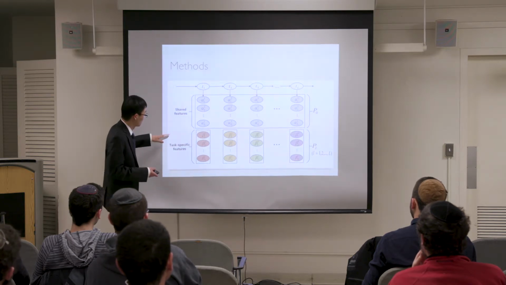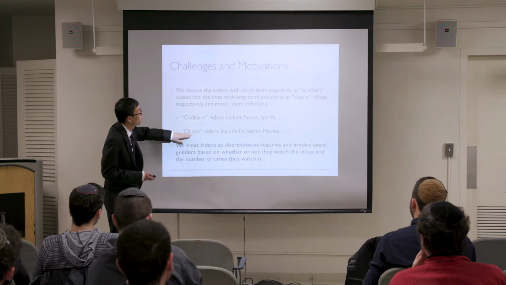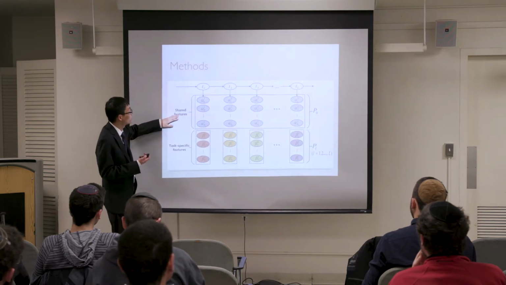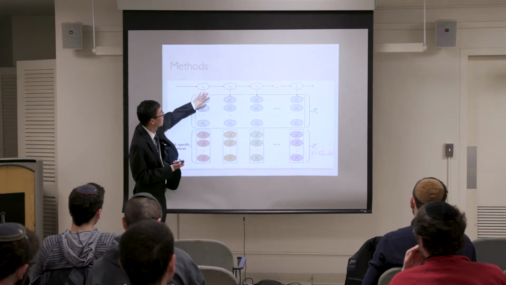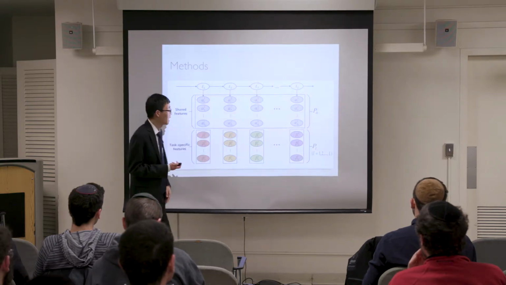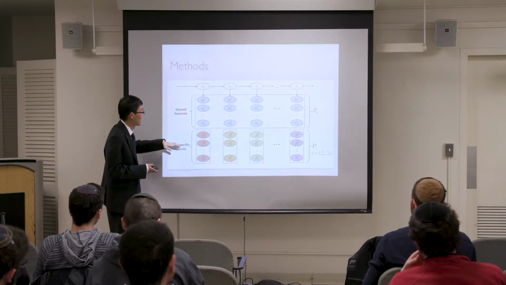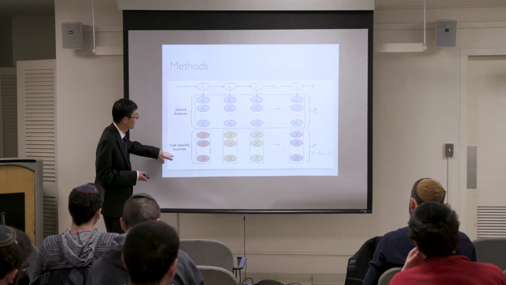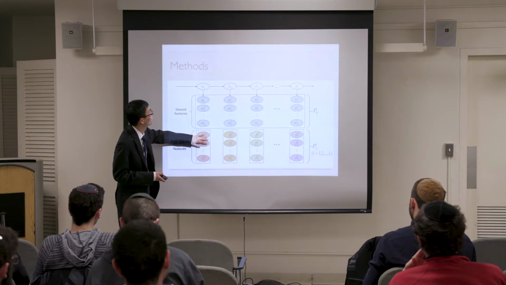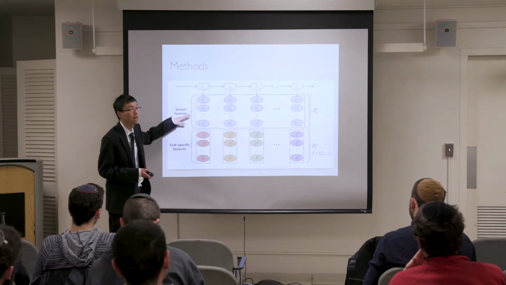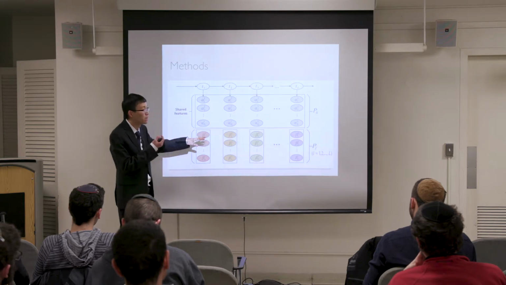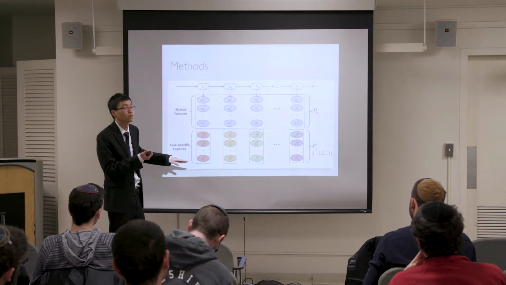For these long-term popularity videos, we treat them as shared features, because this video will appear many times. And for the news, like short-term videos, we say they are task-specific features. It usually belongs locally to a specific time interval, and in the next time interval it will have a very small number of views.